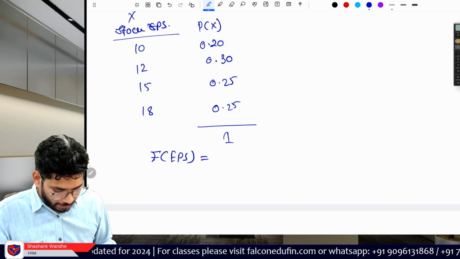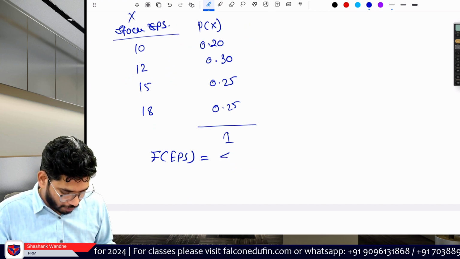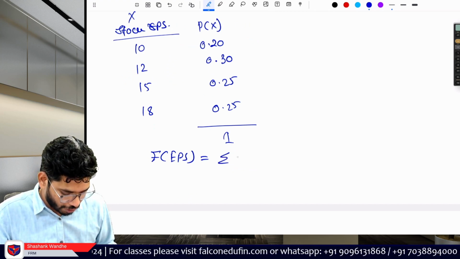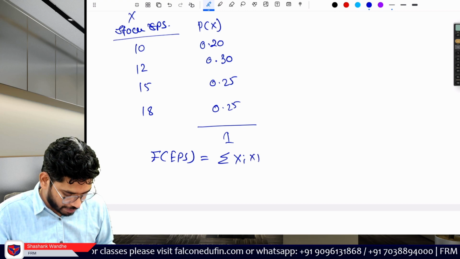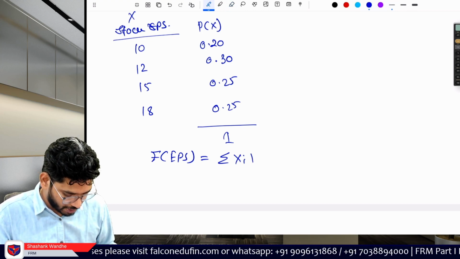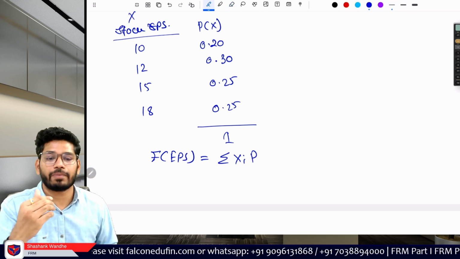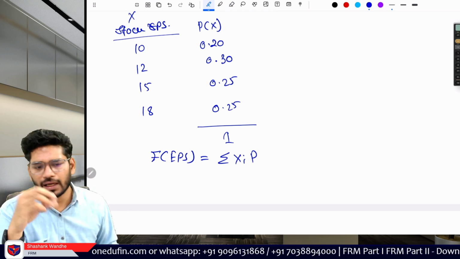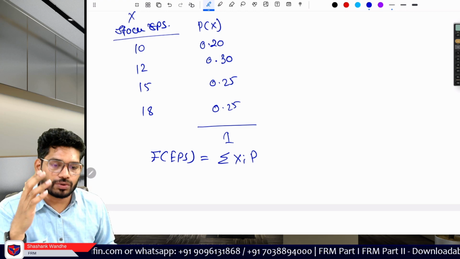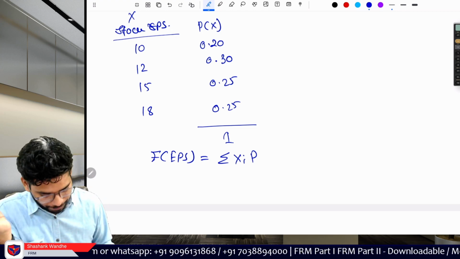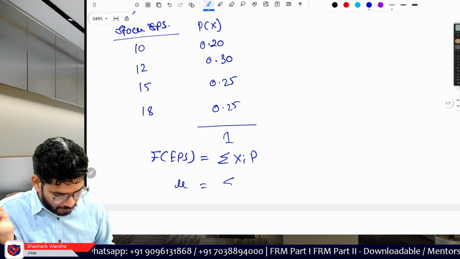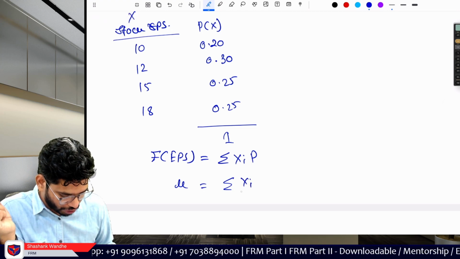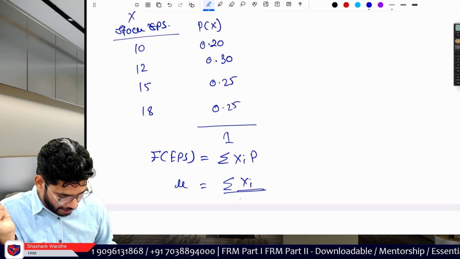Now the formula is very simple. Summation of xi multiplied by p, probability. Simple. Okay. So this simply means you have to multiply the probability with the individual values and then take the summation. Again, this formula is similar to the mean calculation, where we use the formula summation of xi divided by n.